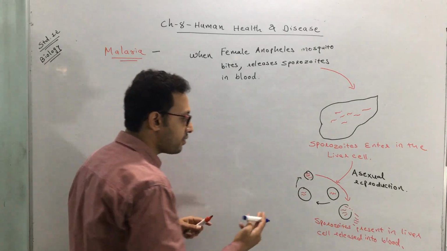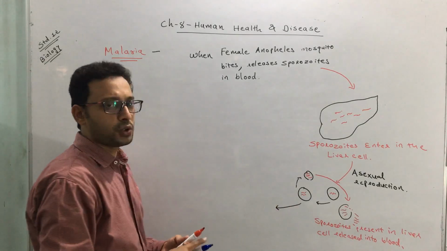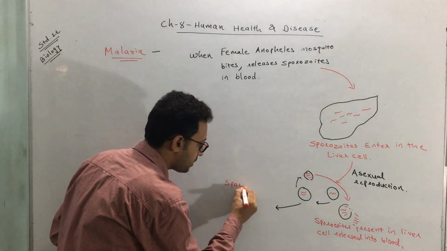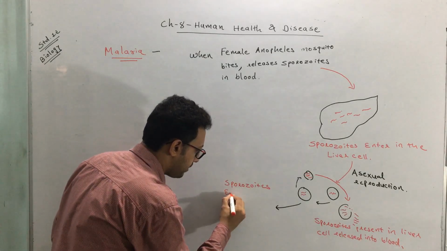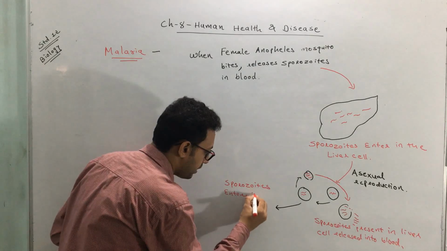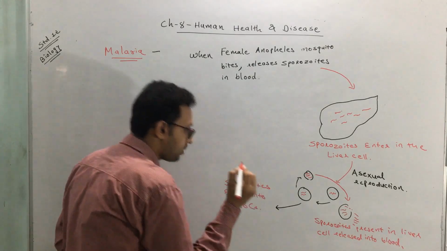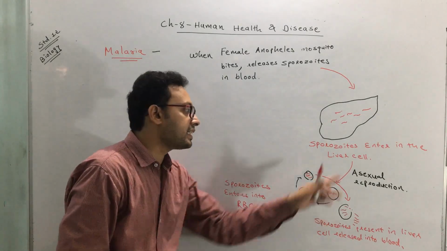Okay, in the blood, now we know the composition of blood. In the blood, these sporozoites enter into RBCs. And so what happens? It also ruptures the RBC in the same way.